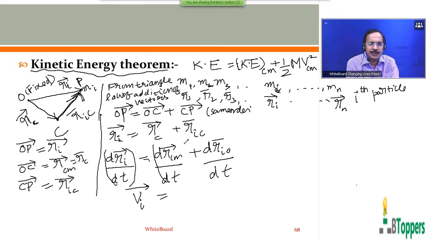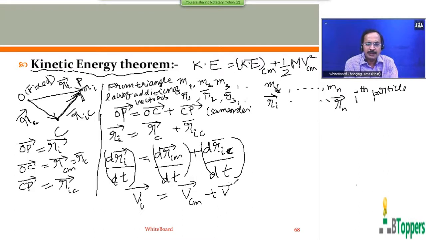So dr bar CM by dt gives you the velocity of center of mass of the system of the n particles with respect to the origin of the inertial frame of reference. R bar subscript IC represents the position vector of the ith particle with respect to center of mass of the system. So dr bar subscript IC by dt gives you the velocity of the ith particle with respect to the center of mass of the system. Then you can write this way.